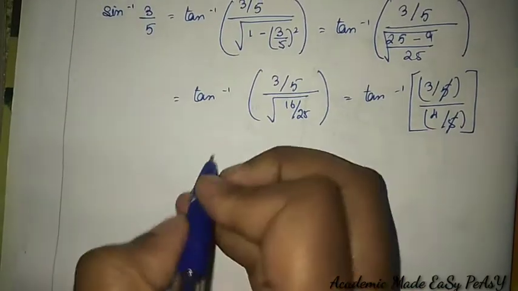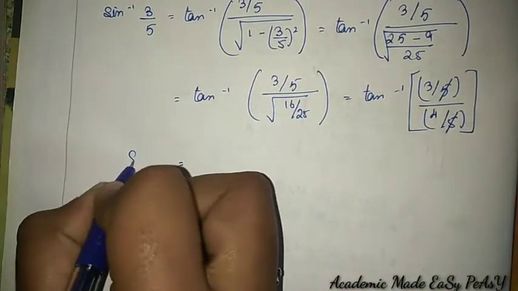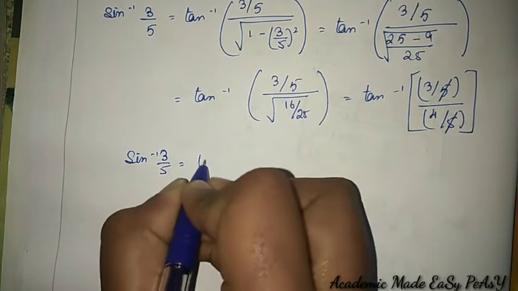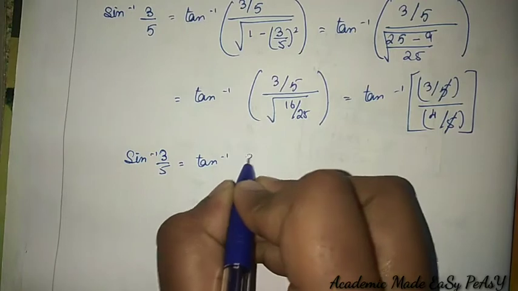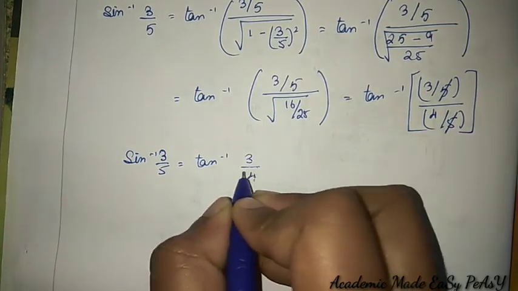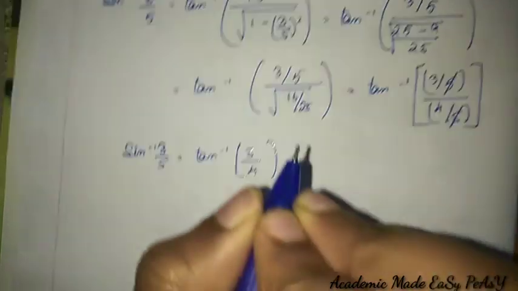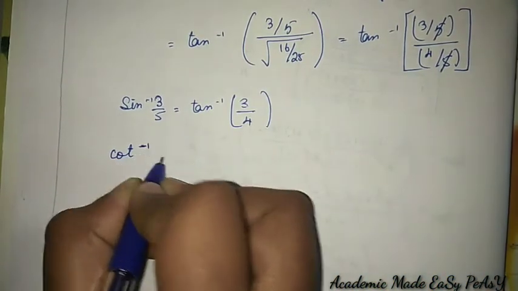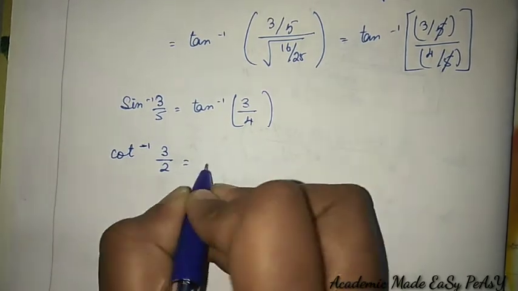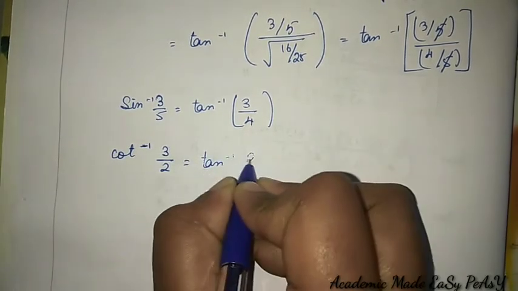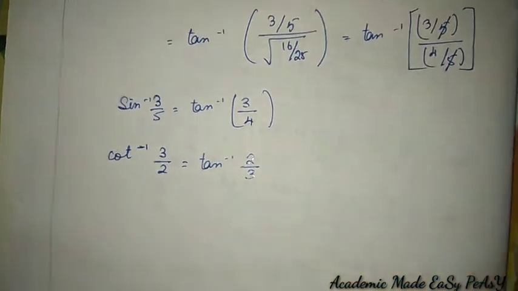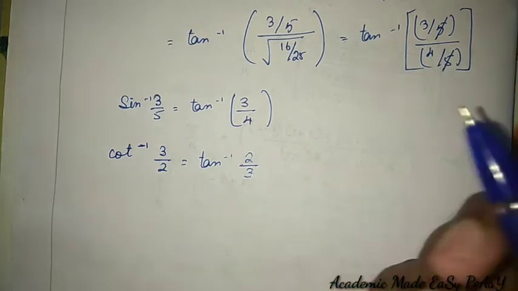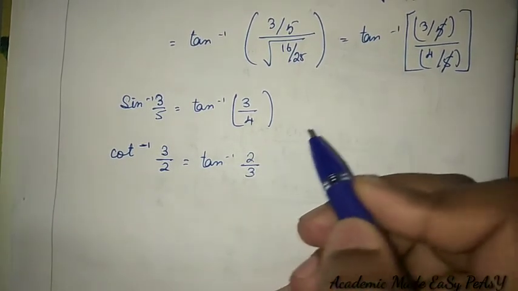So sine inverse 3 by 5 is tan inverse 3 by 4. This is my answer for sine inverse 3 by 5. Now cot inverse 3 by 2 can be written as tan inverse 2 by 3, just the opposite. Here it is 3 by 2; if it goes to tan inverse, then it will be 2 by 3.